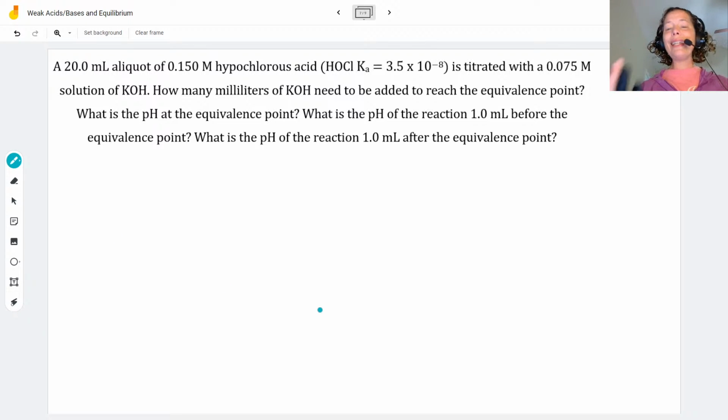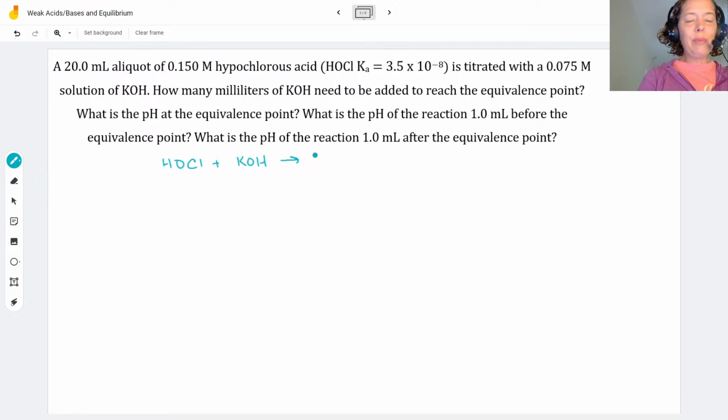All right, so what is going on chemically? Let's get our balanced chemical equation. So we have hypochlorous acid plus potassium hydroxide. That is being neutralized. We're going to make a salt and we're going to make water. Okay, so this is our chemical reaction.